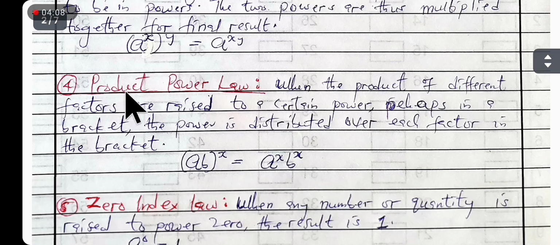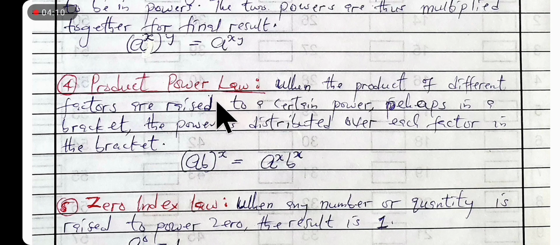Now the next one is the product power law, not product law, product power law. When the product of different factors is raised to a certain power, perhaps in a bracket, the power is distributed over each factor in the bracket.